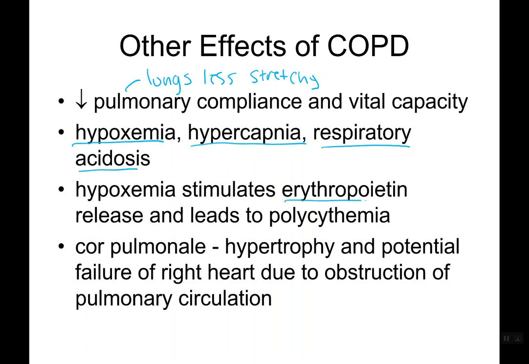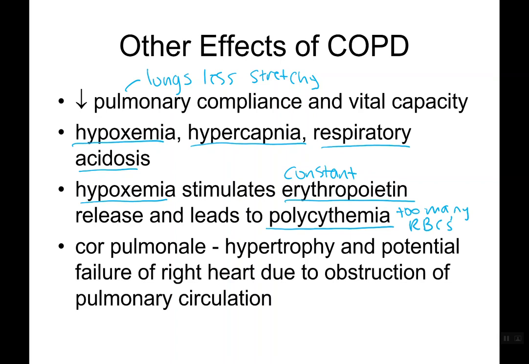Hypoxemia stimulates erythropoietin, and that's a constant hypoxemia, so you get constant EPO release, which leads to secondary polycythemia. So remember, polycythemia is too many red blood cells. And that ends up making your heart work harder.